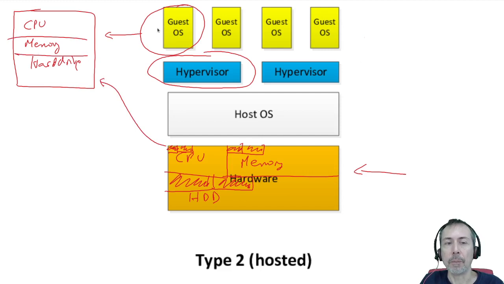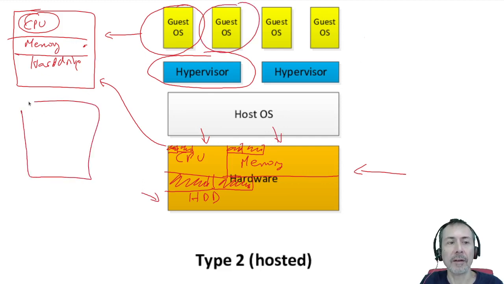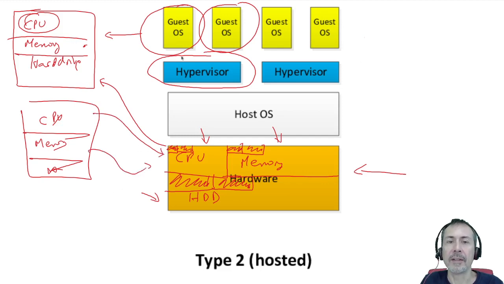So if your virtual computer uses some CPU power, it will be taken from your real CPU. If it needs memory, it will take it from your real memory, and the same for the hard drive. If you start another virtual computer, it will have its CPU, its memory, and its hard drive, and they will also come from your real hardware.